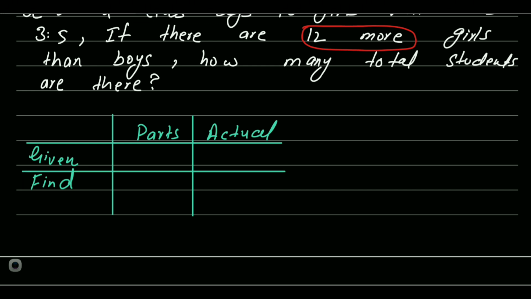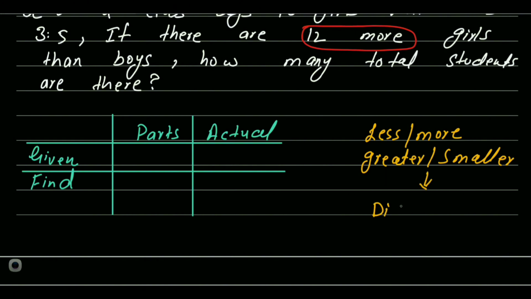Okay. So now we will fill it. Let me tell you one more important thing, that if the word less, more, greater or smaller is given to you, that means that is a difference.